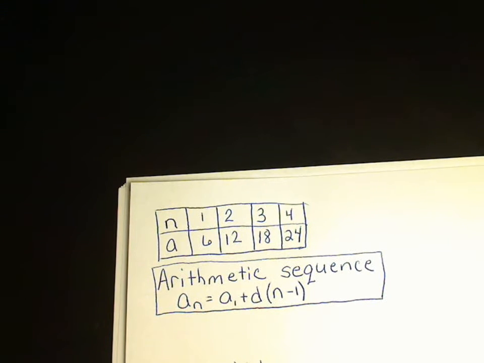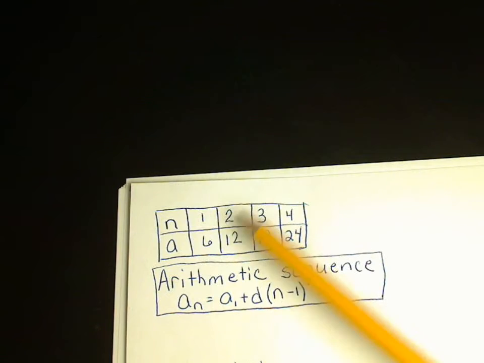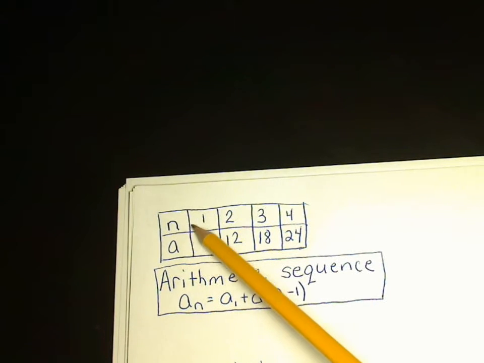In this problem, we know that we're going to use the arithmetic sequence. So I went ahead and gave you that, like you'll get it on the test. So now we're going to substitute the numbers into the equation. Now let me point out something. These are the n's.